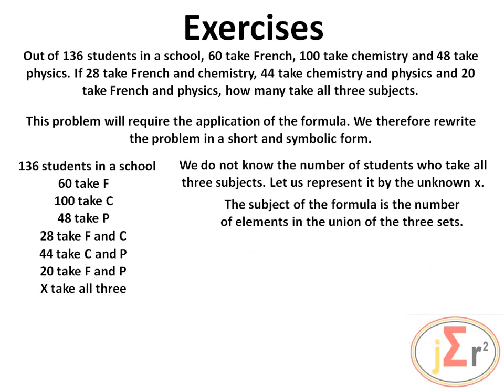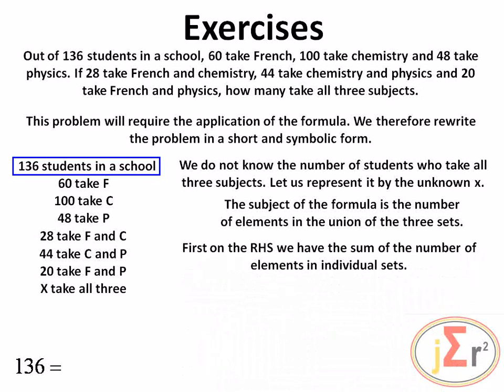The subject of the formula is the number of elements in the union of the three sets. So 136 students in the school, and that number will represent the number of students in the union of the three sets, and that is usually on the left hand side of the equation.